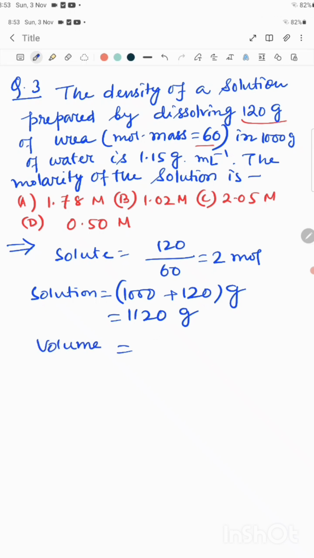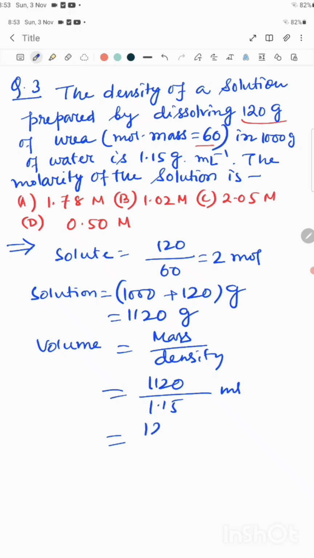Volume means mass by density, so 1120 by 1.15 ml, but if we calculate in liter, it will be easier for us. So liter means 1120 by 1.15 into 1000, divide by 1000. So we got the volume in liter and we got the number of mole.